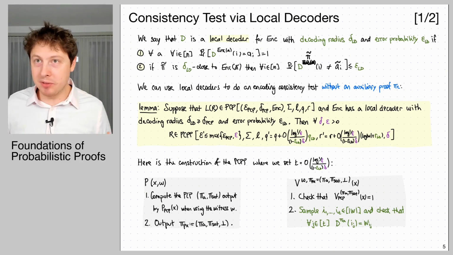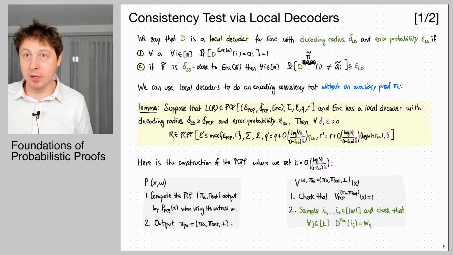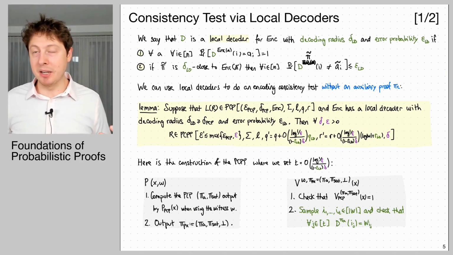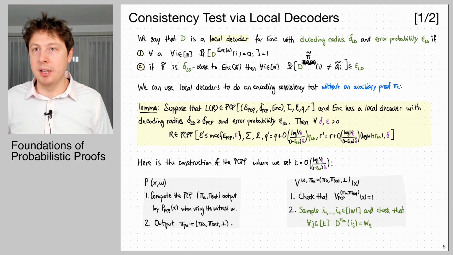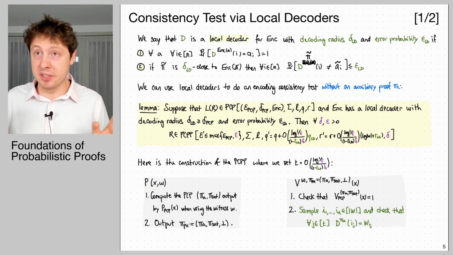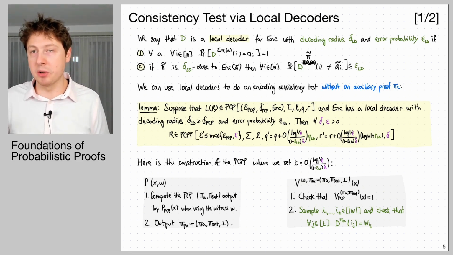So again, intuitively what we're doing is we're just acknowledging the fact that the PCP already has a witness, but it's not literally lying there. Maybe it's encoded, right? And even if it was literally lying there as part of the encoding, these things are called systematic encodings, it might be a small fraction of the whole encoding, so a bit of noise may just completely drown the witness away.